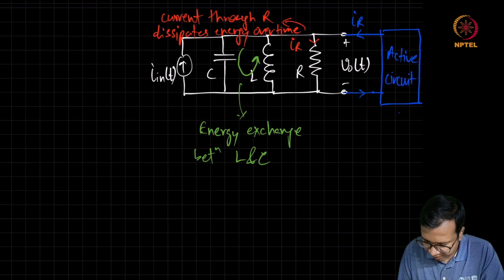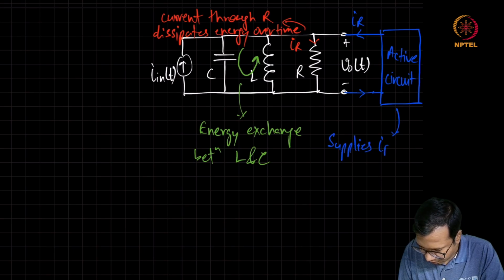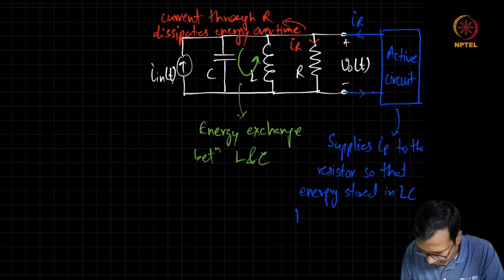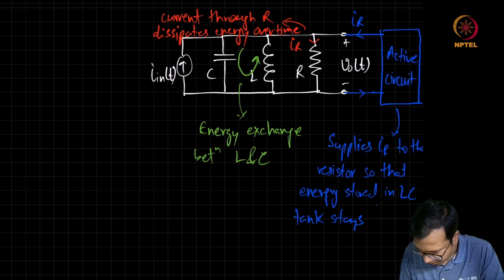The job of this active circuit is to supply IR to the resistor so that the energy stored in the LC tank stays constant.